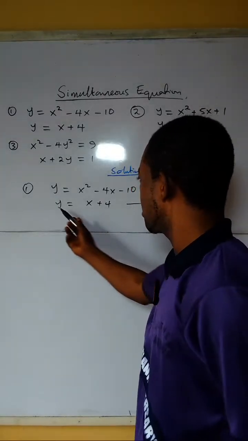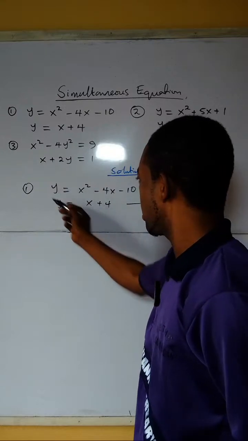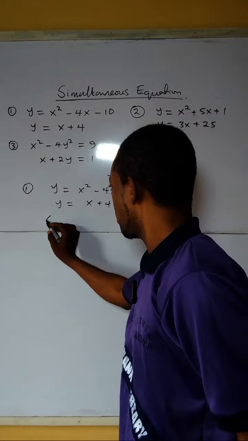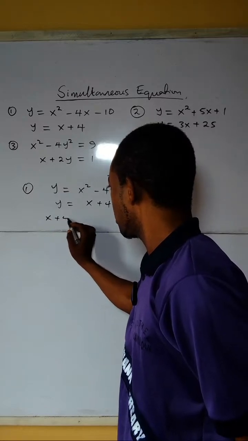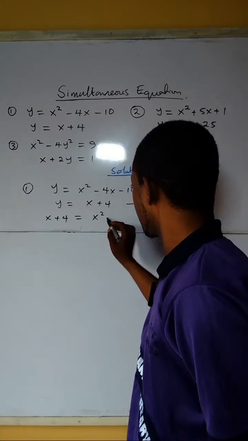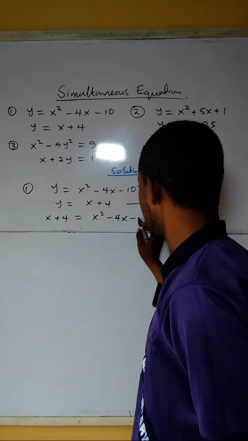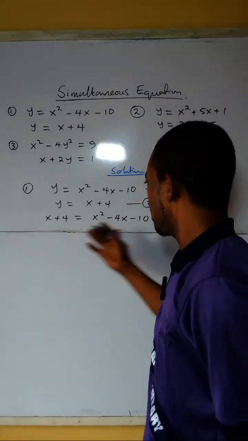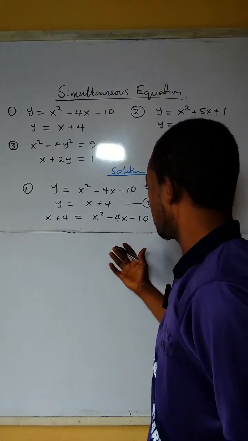That is, since this is y, replace y here with x plus 4. Then what we have becomes x plus 4 equals x squared minus 4x minus 10. We try to bring everything to one side and rearrange.